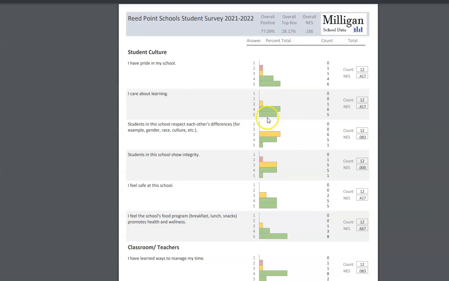So what the Quadrant Report does is it looks at two pieces of information for each of these questions. Those two pieces of information are the percent top box, or the percent who answered 5, as well as the percent positive, or the percent of respondents who answered 4 or 5.